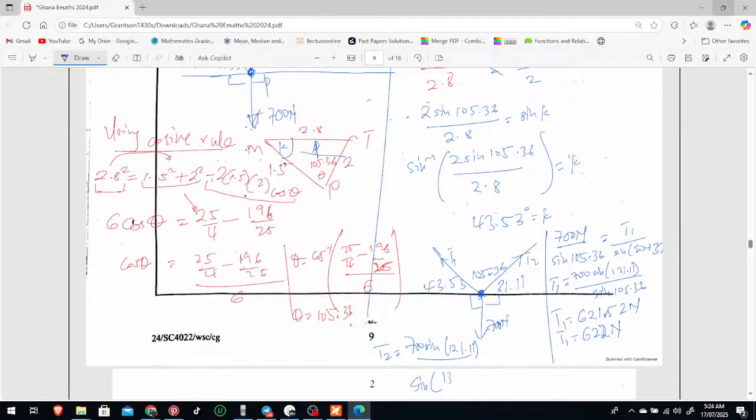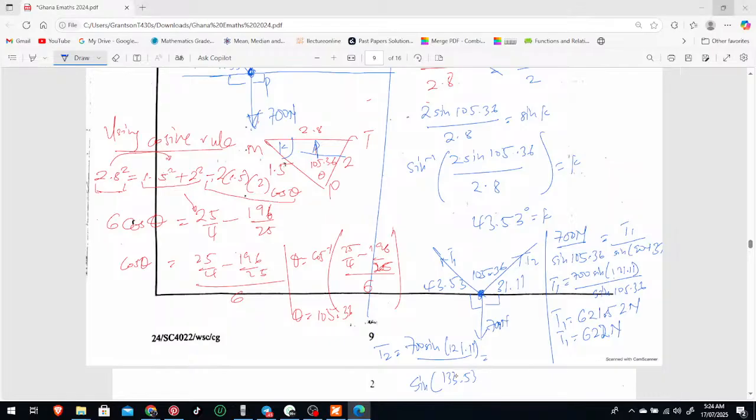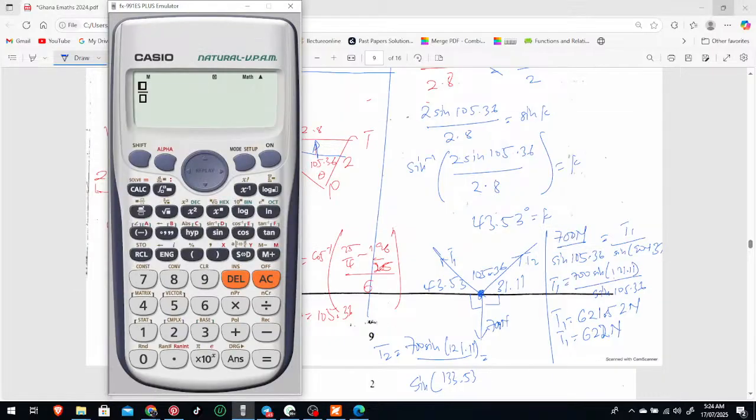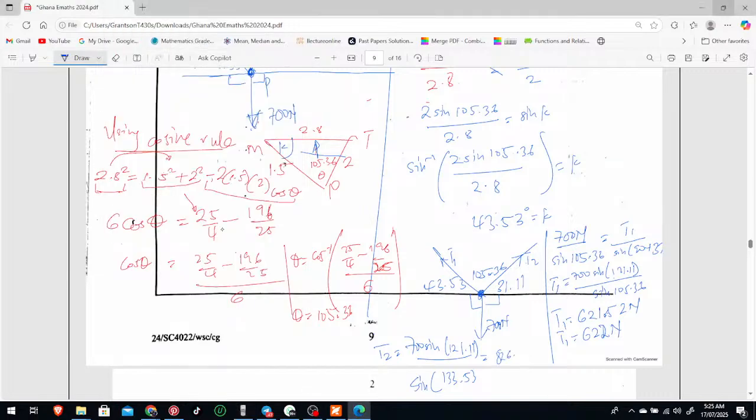So 700 sine 133.53 over sine 105.36 gives 826.63, which is equivalent to 827 newtons. So this is the solution. Cross check from your side if you have the same answers.